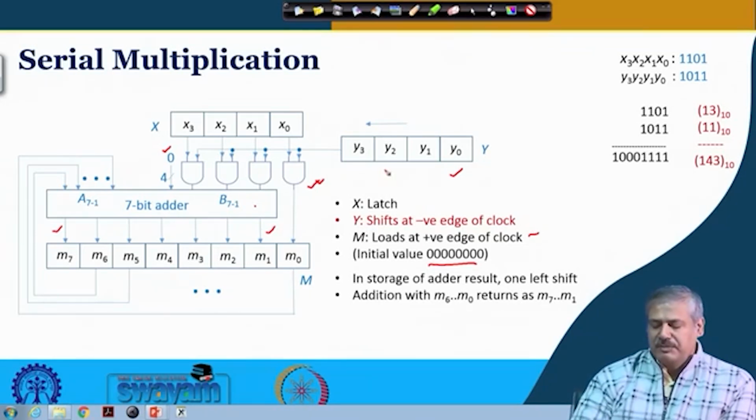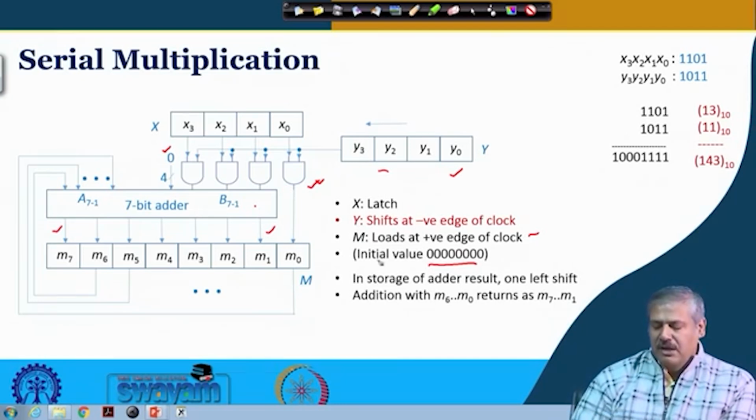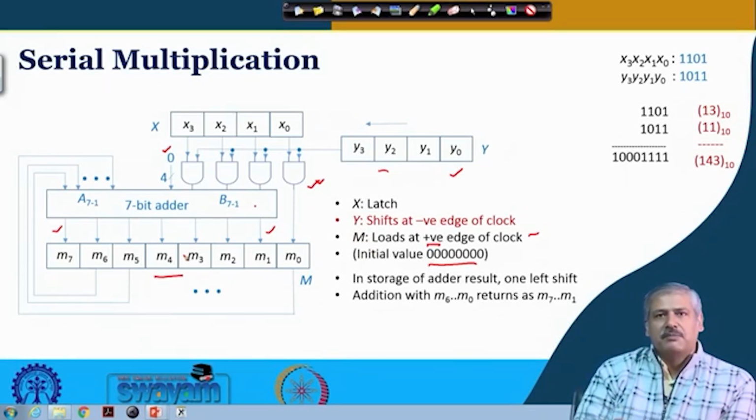When shift happens, say at the negative edge, after that this combinatorial circuit does its operation with whatever propagation delay is required, and the result is available. Next positive edge, it gets loaded. So, the whole thing gets completed in one clock cycle itself, but it is in this manner.